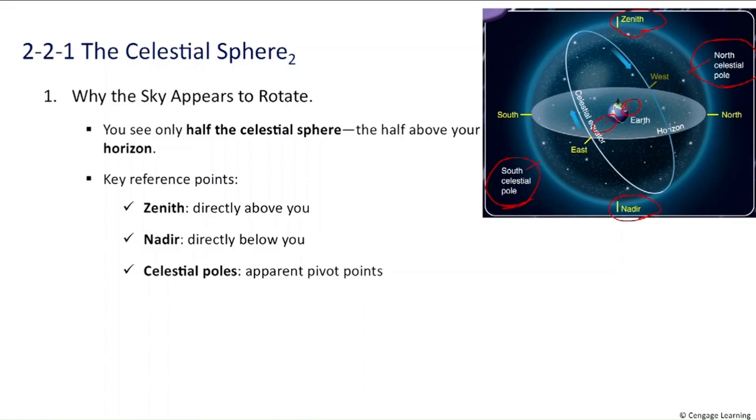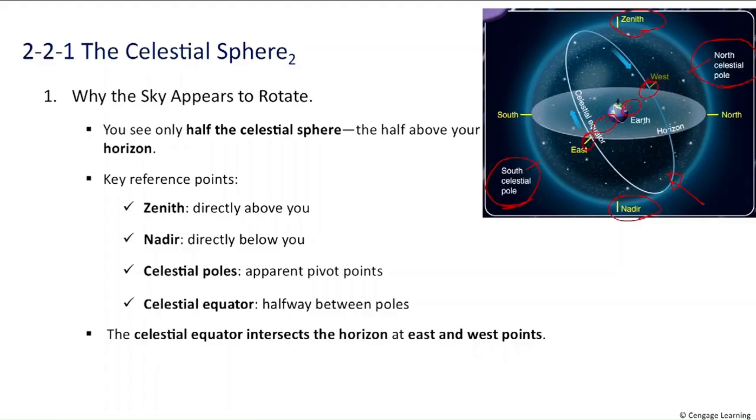So right in between them lies the celestial equator. And where it meets your horizon are your east and west points. So the directions we use, north, south, east and west, are actually defined by Earth's rotation and this celestial setup.